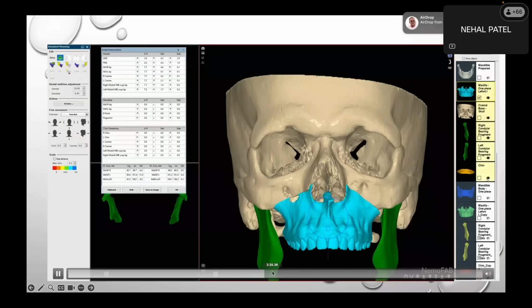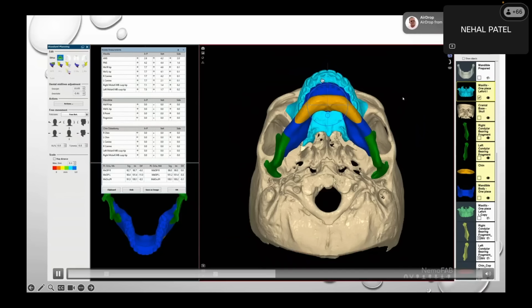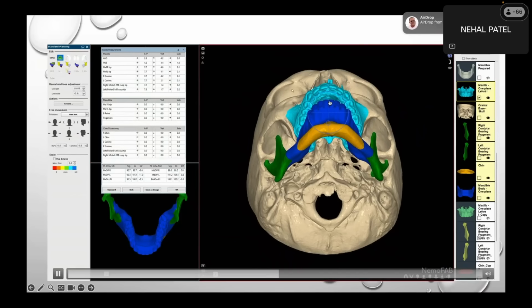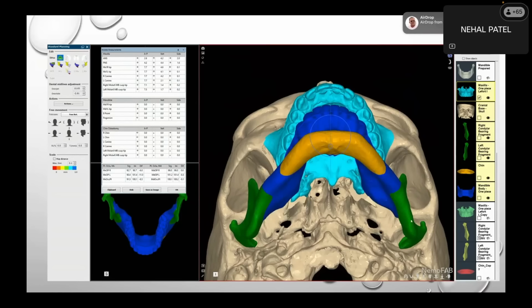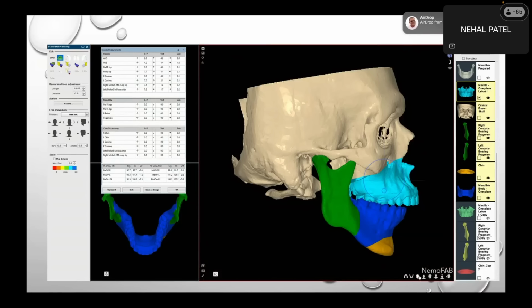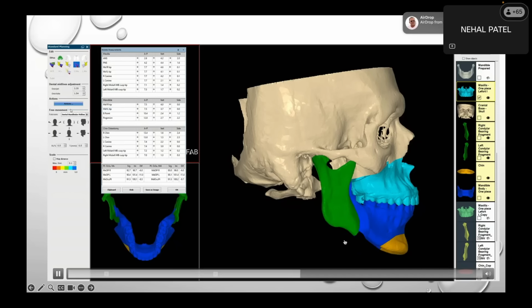So in that particular move, it allows the mandible to come forward without changing the occlusion. That is where you can advance your maxilla and mandible, and that increases your retroglossal airway. The mandible has come forward at the pogonial level, I mean at the chin level, around 12 millimeters.